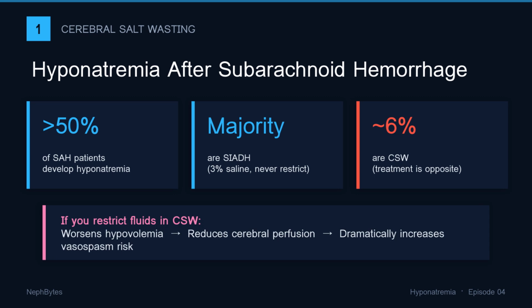If you restrict fluids in a patient who actually has CSW, you worsen the hypovolemia, reduce cerebral perfusion, and dramatically increase vasospasm risk. The distinction between these 2 diagnoses is one of the highest stakes differentials in hospital medicine. Let me walk you through a case that shows you how close they can look and what breaks the tie.